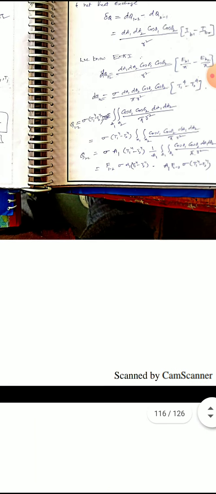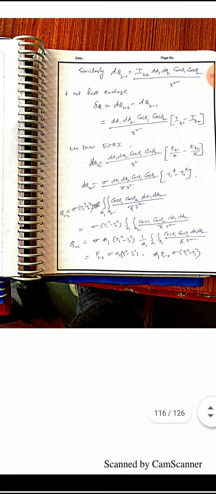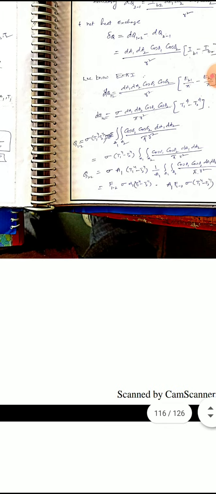Finally we get a relation for Q12, and we get two relations for Q12 itself, with respect to A1 and with respect to A2, but both are equal.